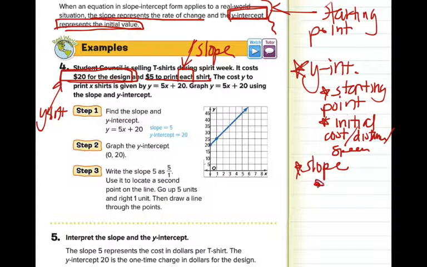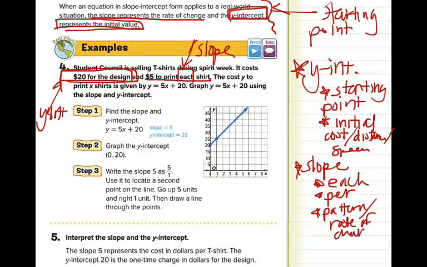Anytime you see each or per, that's a clue that you're looking at the slope, because that's your rate of change. If it's $5 for each shirt, then one shirt is $5, 2 shirts is $10, 3 shirts is $15. That's the pattern that would help you create the table. So this is our pattern or rate of change.